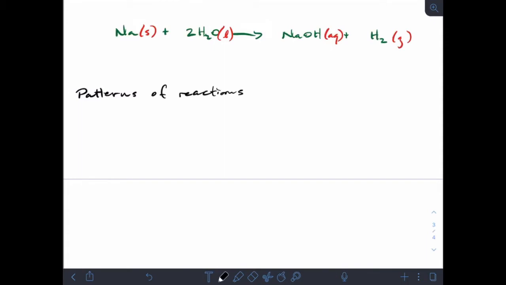There are several different types of reactions. The first of which we're going to talk about are called combination reactions, sometimes called synthesis reactions.